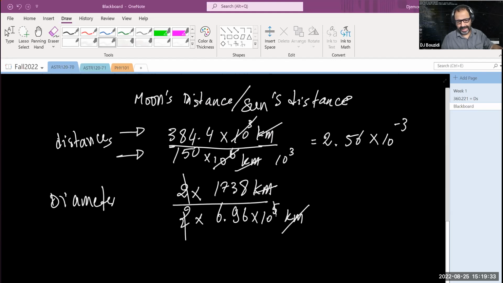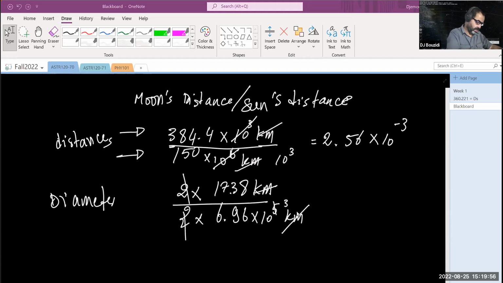And again, I'm going to bring this to 3. So I'm going to divide this by 2. So it's 17 divided by this number. So let me do this quickly here with the calculator and see how much that's going to give me. So I have 17.38. I'm hoping that you guys are doing this one on your own also. And if there is a mistake, please let me know.